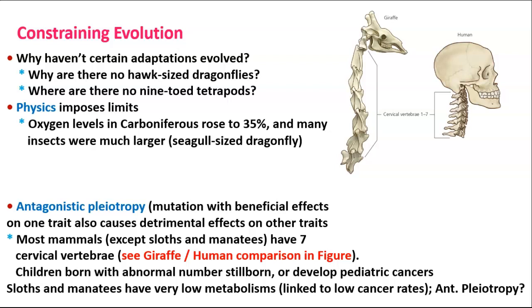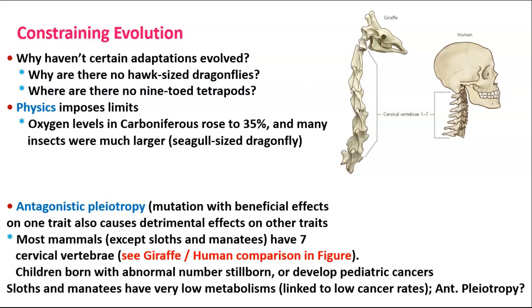And very low metabolism, interestingly enough, is linked to low cancer rates. So there might be some antagonistic pleiotropy going on here, that with higher metabolisms, which is what us mammals have, very high metabolisms, with the exception here of sloths and manatees, slow metabolism.